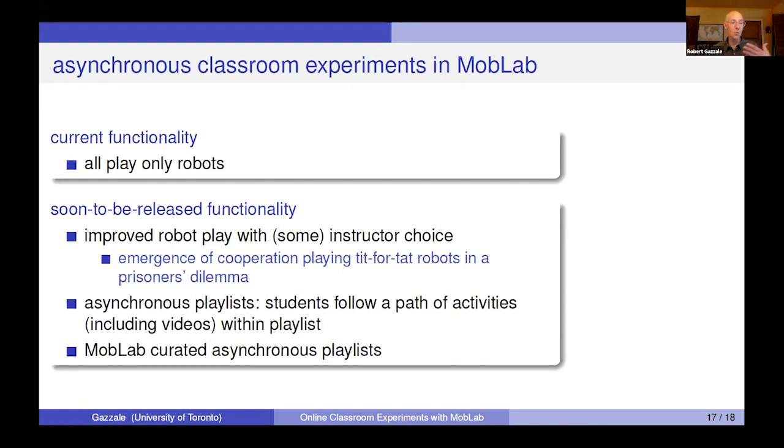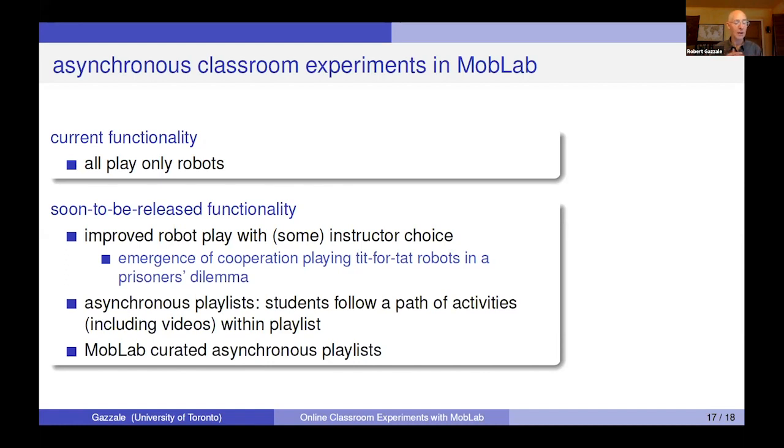So you can have students first start by watching the video of the instructions. The student is then brought to an instruction comprehension quiz, then to a game in which they play against robotic players, and then to a reflection question. Students follow this instructor-specified path of activities in asynchronous playlists.